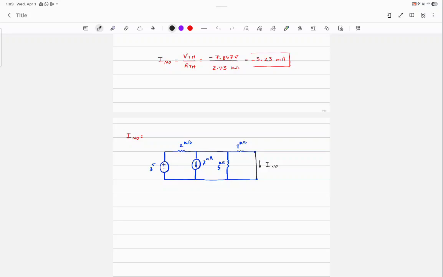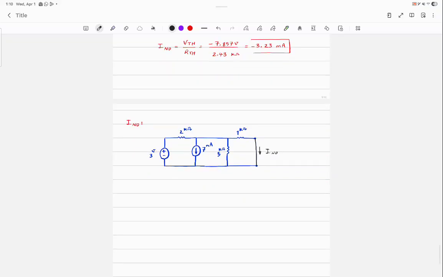Which method would you choose? Mesh. Let's do something crazy, huh? No. No? Let's not do either mesh or nodal. Let's do source transformation. Those two are probably straightforward for you, I hope.